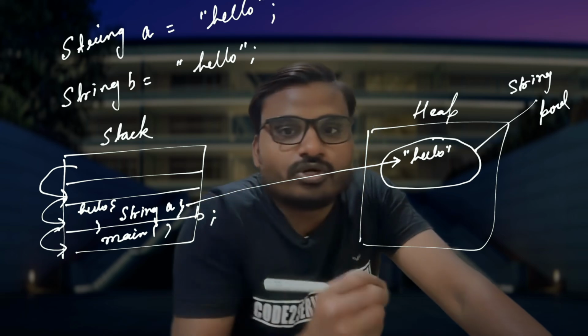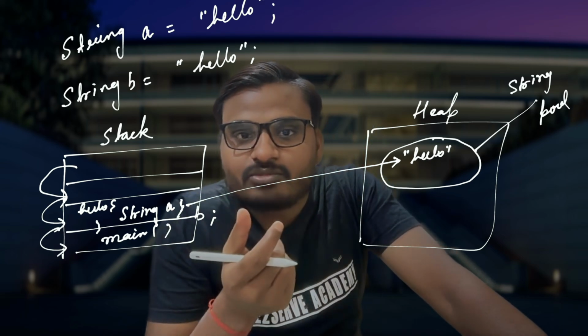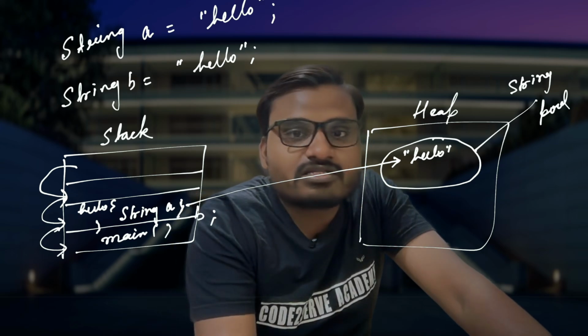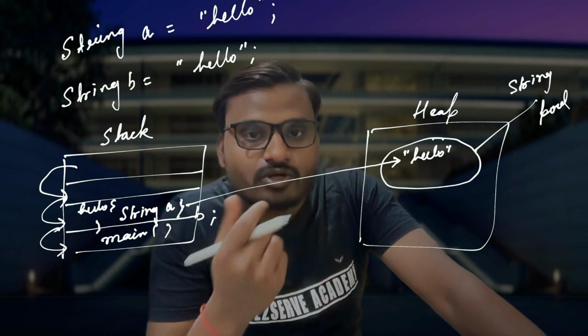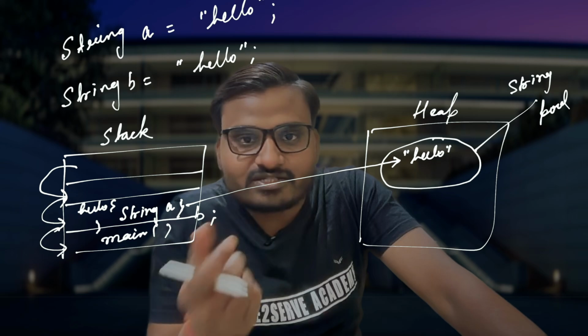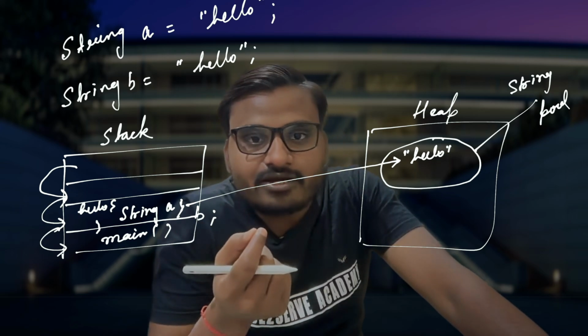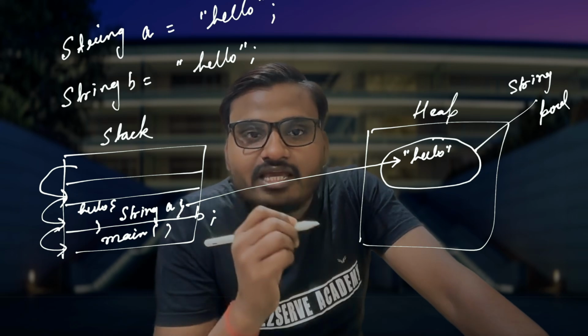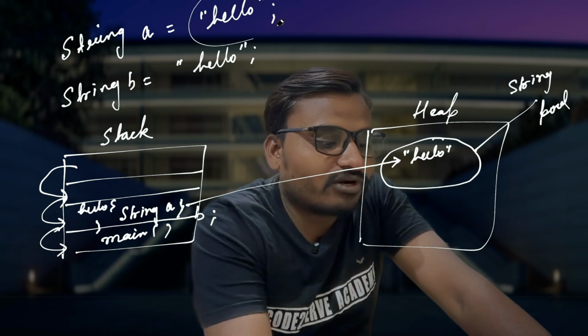And as I told you, inside the heap there is a string pool, right? And there is another space for the objects that I'm going to cover next. Okay, so first understand here, I have declared a, and a's value is hello for now.